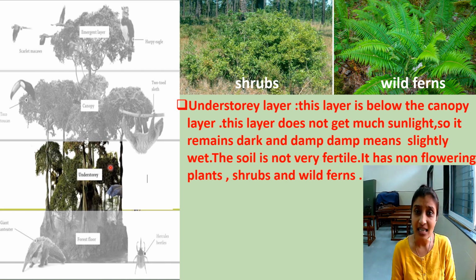The soil is not very fertile. It has non-flowering plants like the shrubs and wild ferns. Look at these pictures, children. These are wild ferns and these are shrubs. The height of these plants are 55 feet.